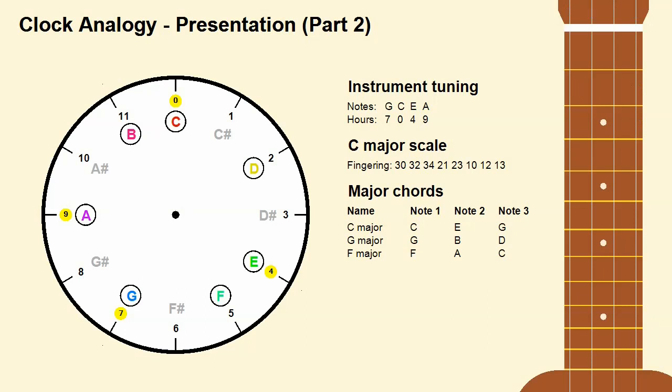Next, we will give 2 simple examples of progressions that use these chords. The first is one of the simplest possible. It starts from the tonic chord towards the dominant chord and returns to the tonic chord.